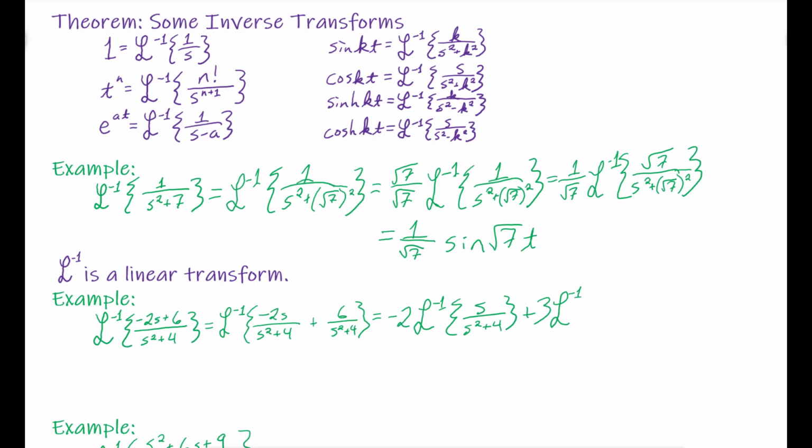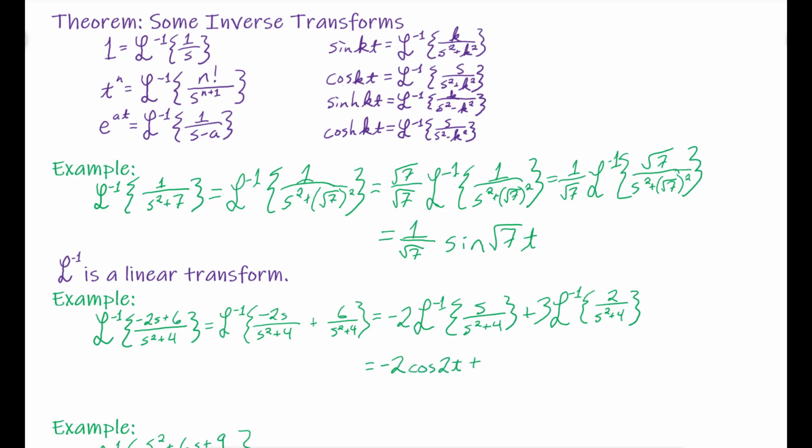So I'll take the inverse transform of 2 over s squared plus 4 with a 3 pulled out in front as a constant. And now I have two things that look like what I'm working with. So I have negative 2 as a constant still hanging out, and s over s squared plus 4 looks like cosine of the square root of 4, so cosine of 2t.